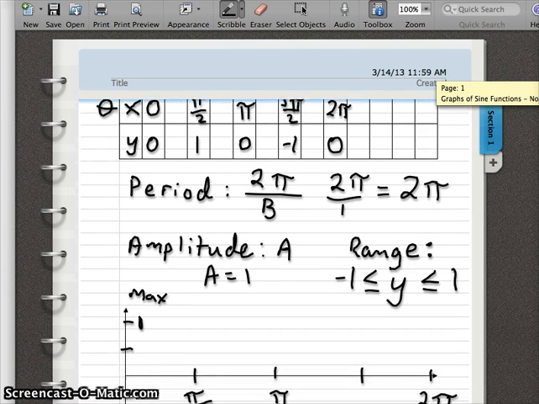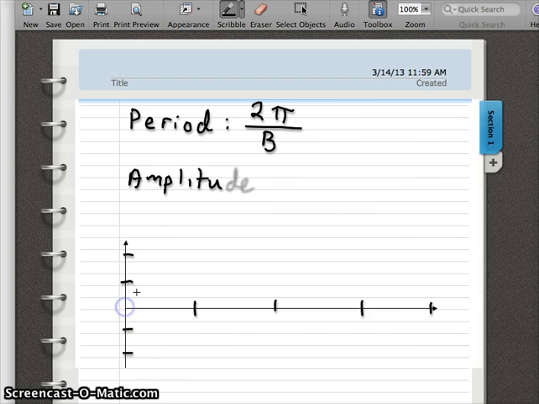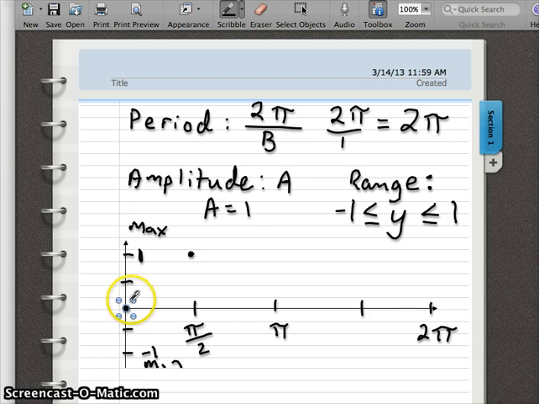At pi over 2, I get an output of 1. Well, that ends up being the maximum of my graph. So if I start at 0, every time I graph a sine function, I'm going to start at 0, and the next spot, the quarter of my period, is always going to be the maximum spot. Then if I plug in pi, I get 0 again.